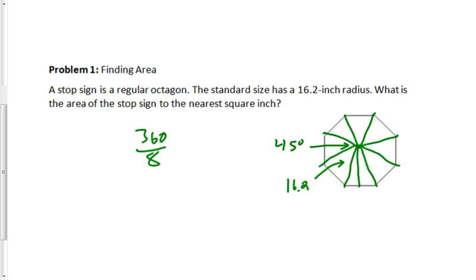So we'll say this is 45 degrees. And I'm going to put the apothem in a different color. What I'm going to do is take one of these right triangles out. Kind of enlarge it a little bit.